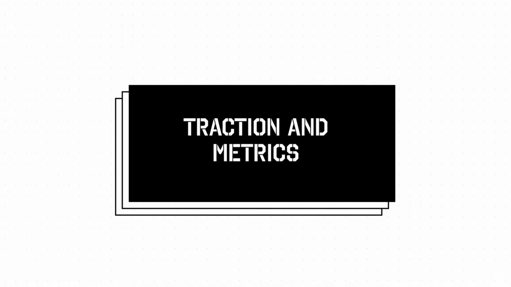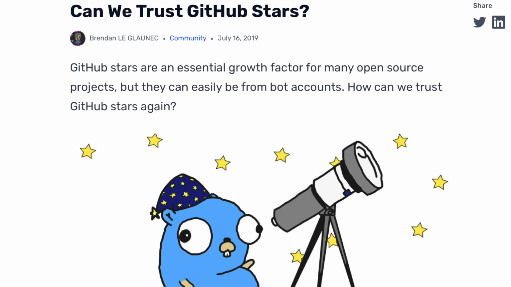Talking a little bit about traction, one of the main metrics that venture capitalists look at is GitHub stars. And you mentioned you have 20,000 GitHub stars, but I think you talked about it somewhere else that for you, these GitHub stars aren't the main metrics because sometimes you have half-baked products, which sound cool, sound interesting.